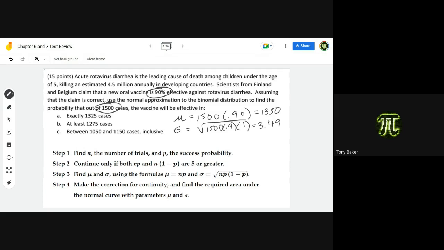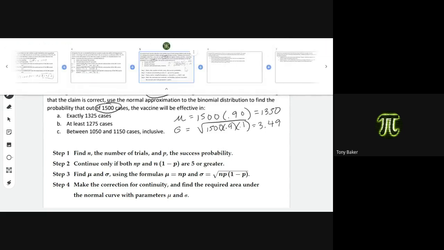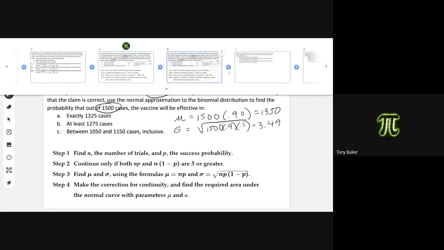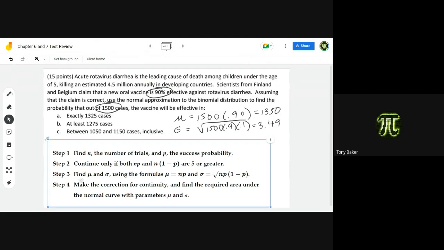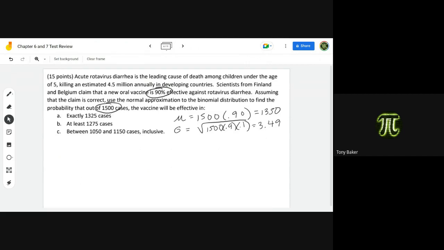And we get 3.49. All right, now that we got those two, we can start doing our calculations for it.